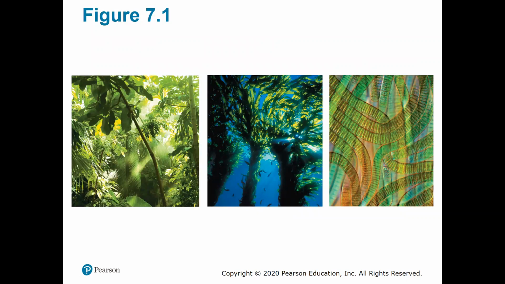So this is just an example, to show you the variety of photosynthetic organisms on the planet, from the many plant species that cover most of the surface of the planet. And then you have, this is algae, this is kelp. Probably the great kelp forest off of California. That's a great example of that.